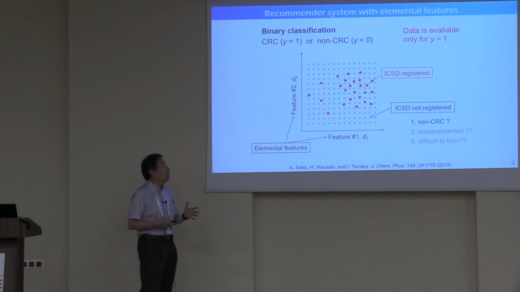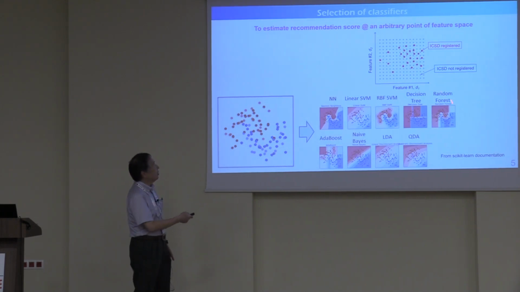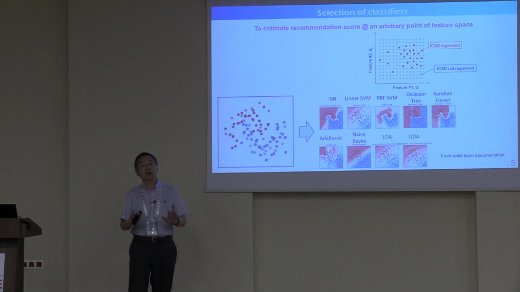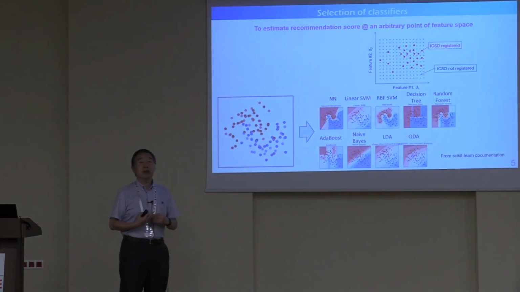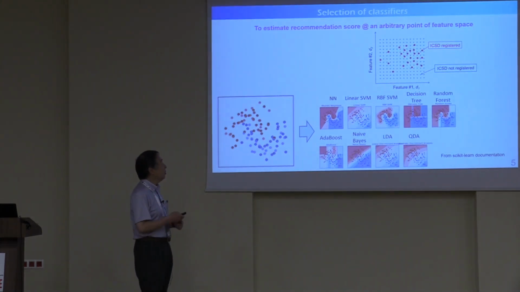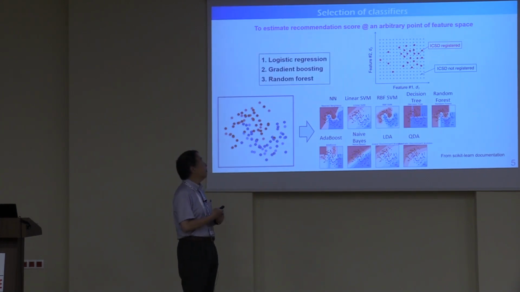Then after classification, using binary classification techniques, there are many different kinds of binary classification technique, and there is no clear logic. But if the prediction works nicely, it means the validation is successful, then it is a classifier.